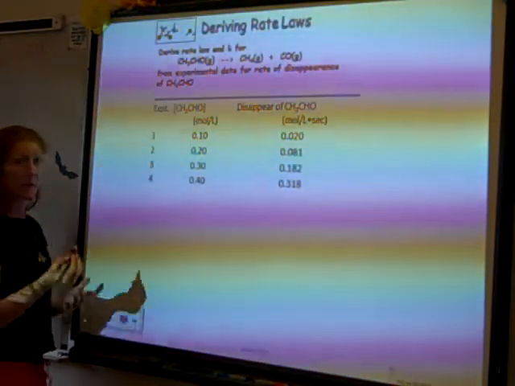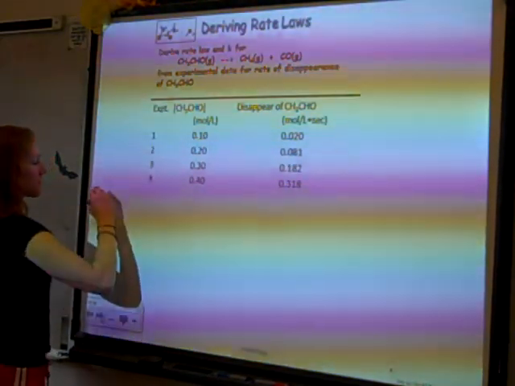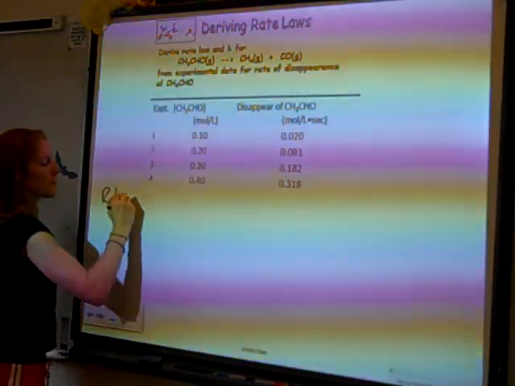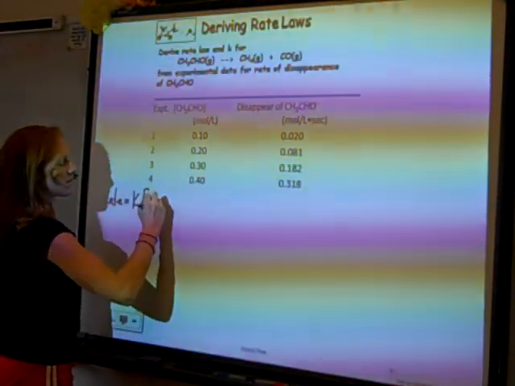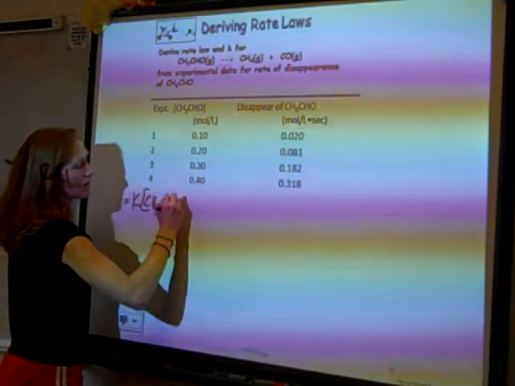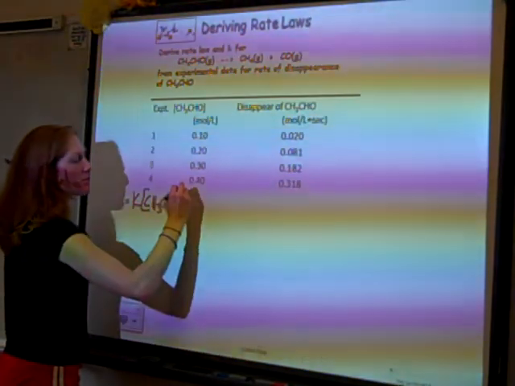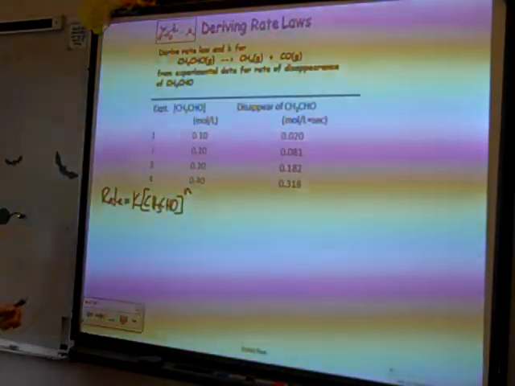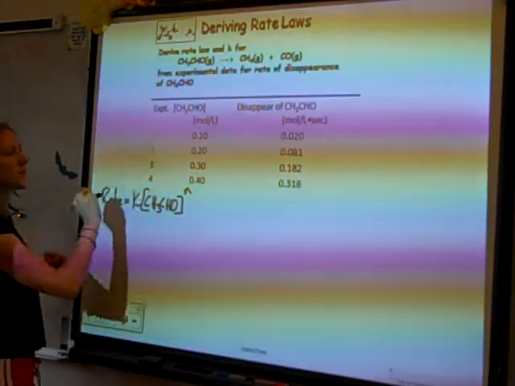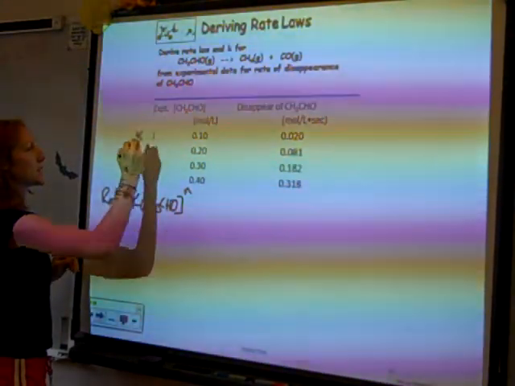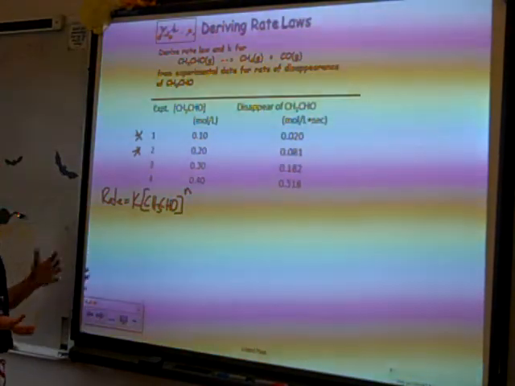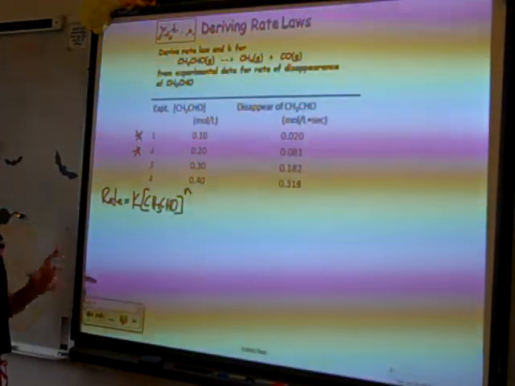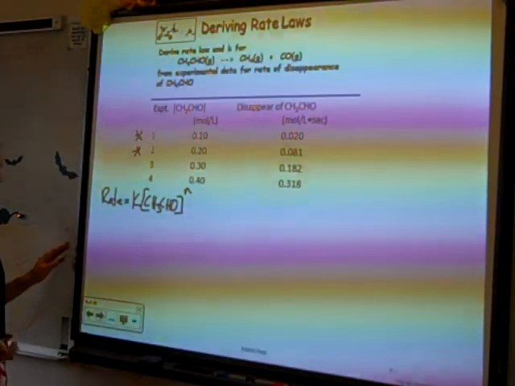So I know that the rate law I'm solving for is rate equals K times the concentration of this raised to the power n. So I will take 2 experiments. I'm going to take 1 and 2. I like doubling things. And I'll plug them in, and I'm going to show you how we can actually calculate how much change we have in the rate if the numbers were not as easy as they are right here.